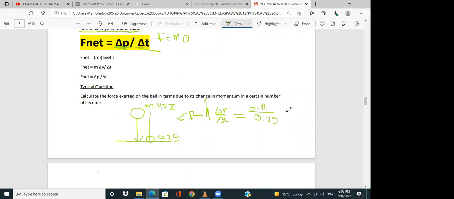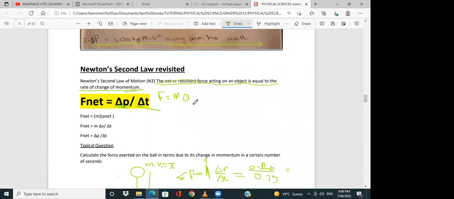And now what you do right here is that you have to determine your initial momentum, so that you can calculate what is happening, so that you can get your force, which will be calculated in newtons. So that's more or less how you're gonna use Newton's second law in terms of momentum, guys.